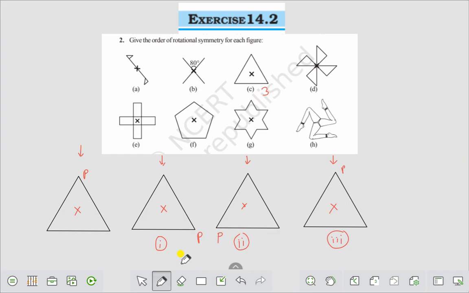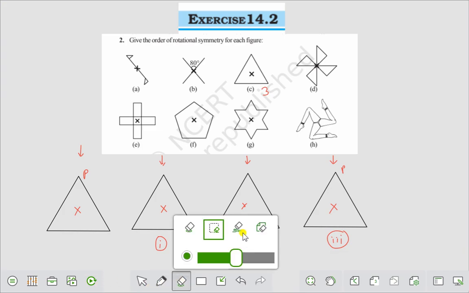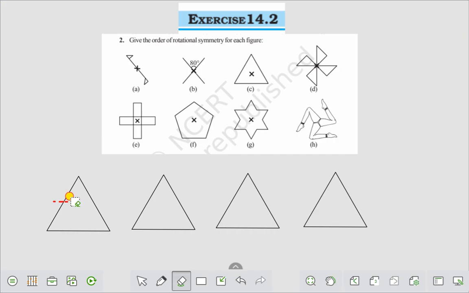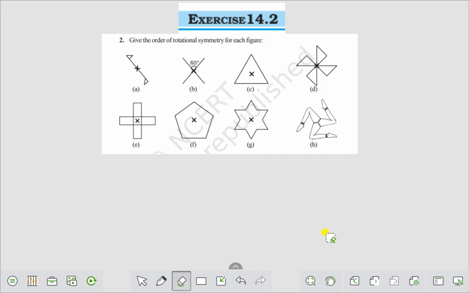Here now we draw question number D. Question number D is like this.